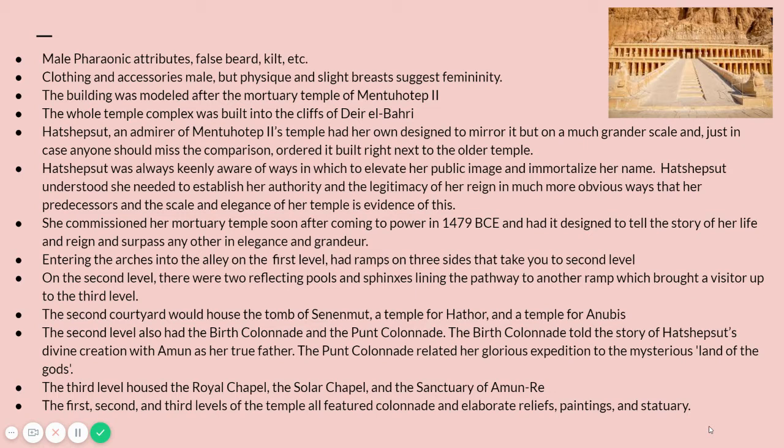Also, there's multiple little chapels and temples that are part of this mortuary temple. So it's important to be able to look at that, look at the floor plan for this, and be aware of the different temples and chapels that exist on this complex beyond just her mortuary temple.